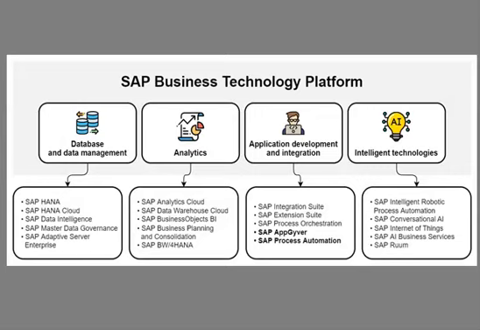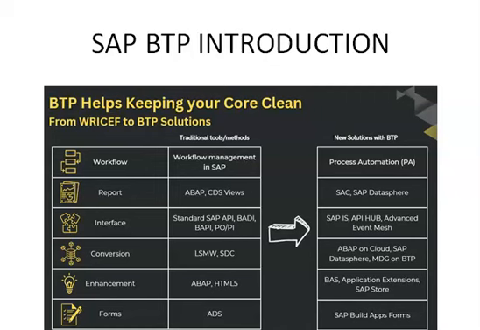What are the key features and components? SAP BTP comprises several key features and components that empower organizations to innovate and adapt to changing market demands.